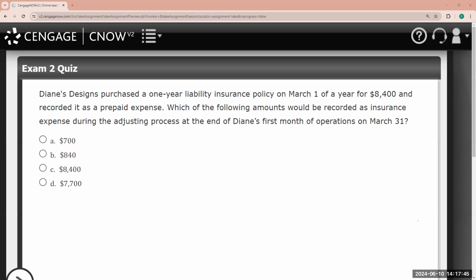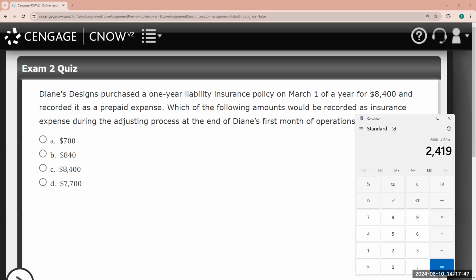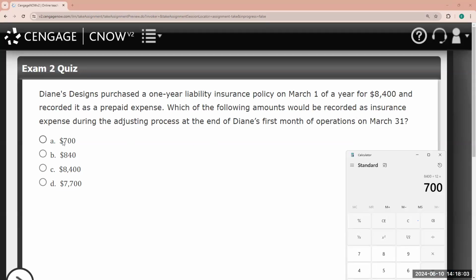So easy math. We know that it is going to be a policy for 12 months. So therefore, our journal entry would be as follows. The $8,400 that she paid as of March 1st divided by 12 months. So therefore, at the end of the operations from March 31st, she would need to record the expense for $700.